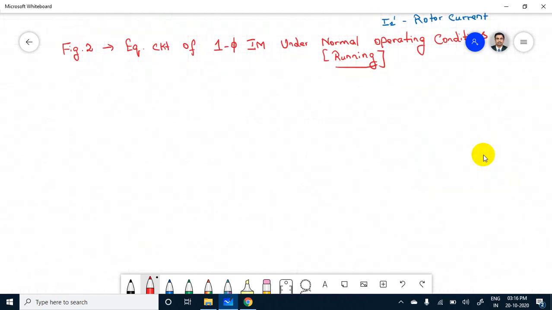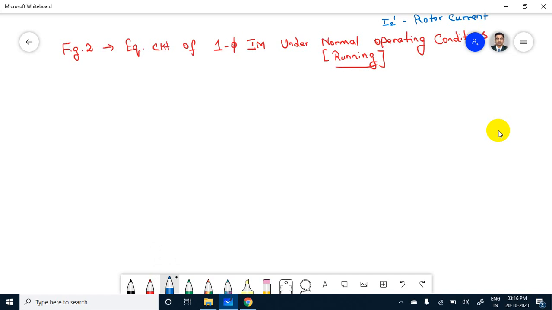Now in single phase, once the motor starts running, it will create a rotating magnetic field in both forward as well as backward. Now this diagram will explain how to represent this forward and backward in equivalent circuit in terms of winding arrangement.